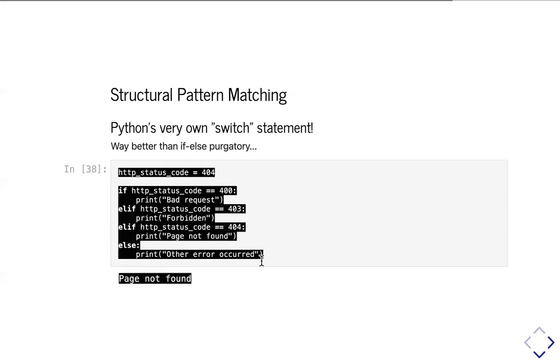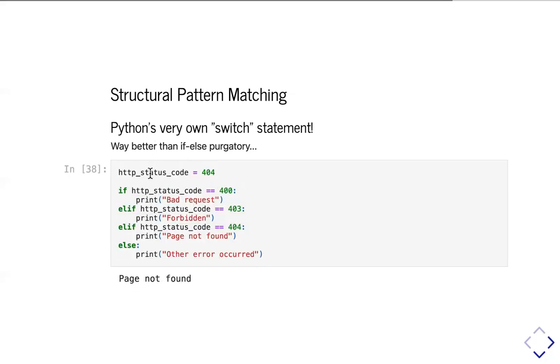Here's the old if-else purgatory. If you're building a website and you want to handle a status code that happens, you can figure out which one it is by doing if-else, and then I have to do 3 if-elses until I get to here, then I just print that out.